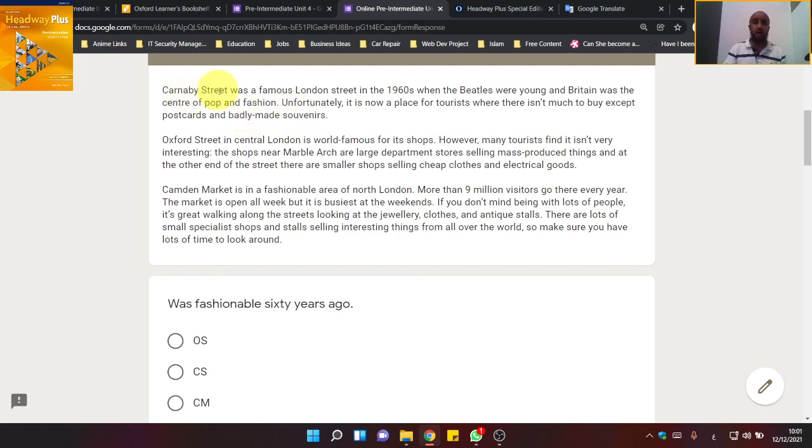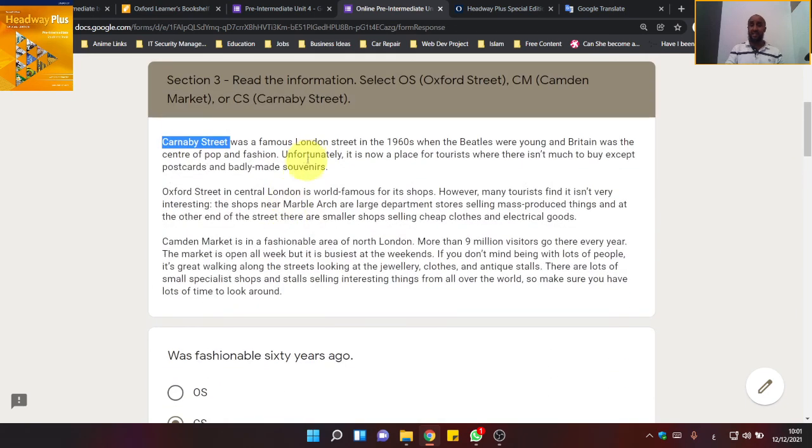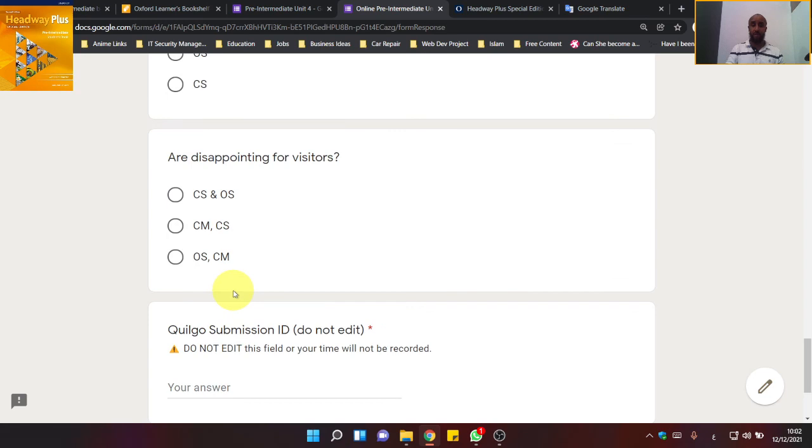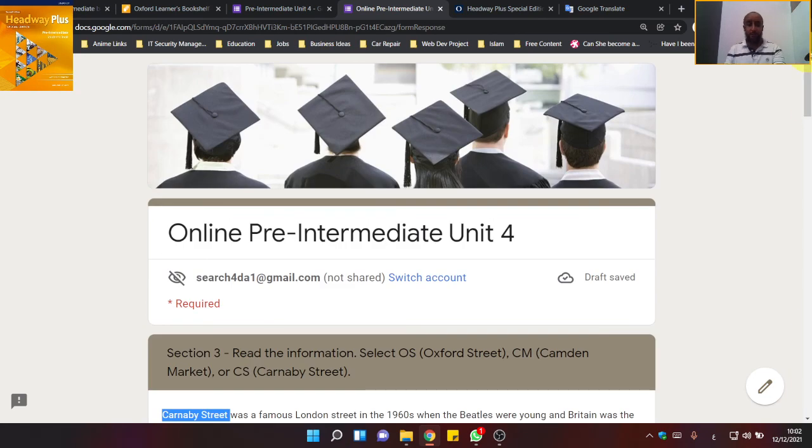Here it says Carnaby Street was a famous London street in the 1960s. So was, not today, it's not anymore, but in the past it was. So the correct answer is Carnaby Street. So Carnaby Street is the initials CS. So you have to make sure that you read each piece of information and then answer each of the questions after that. Okay, guys? Good.